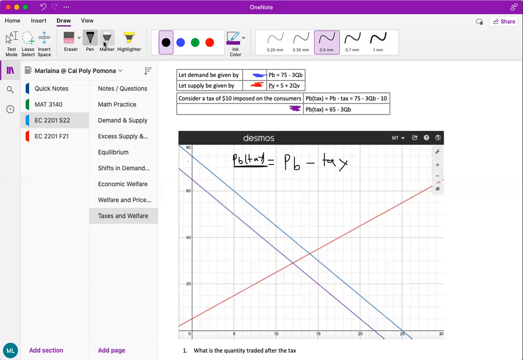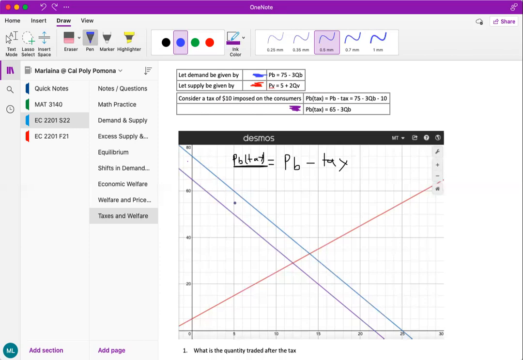Consumers as a whole are still willing to pay this amount, and that's what the demand curve represents, the willingness to pay for consumers. But previously, their willingness to pay was also what was actually being received by the suppliers.